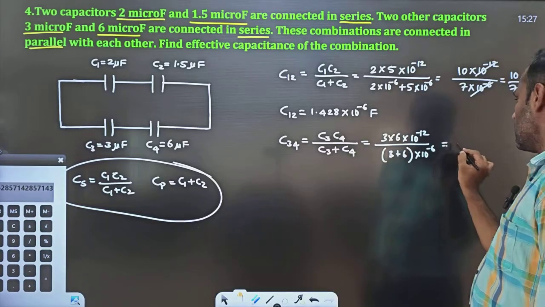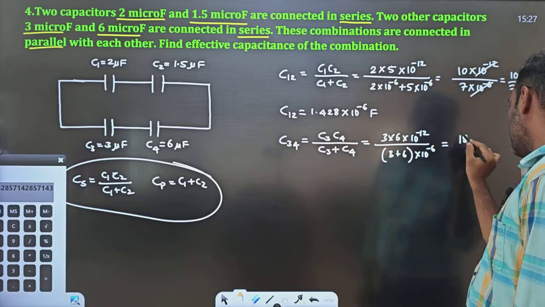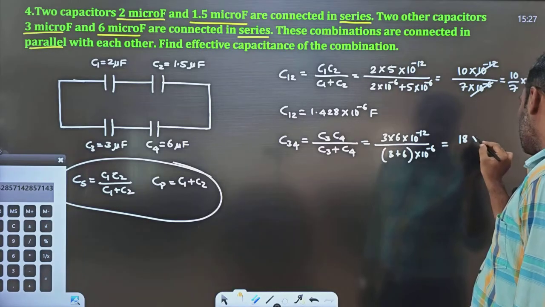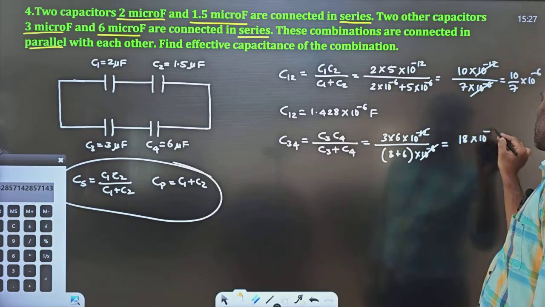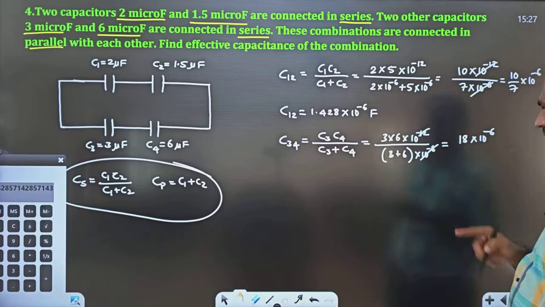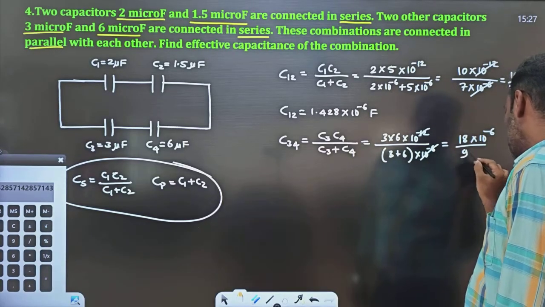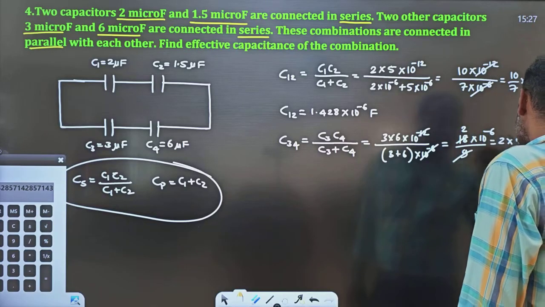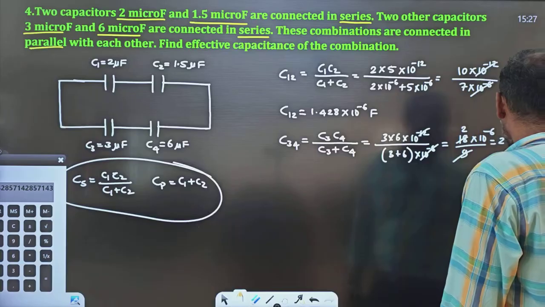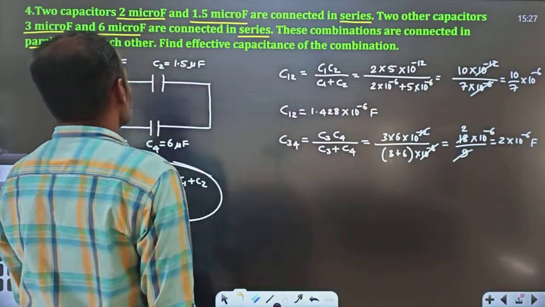So 3 into 6 is 18 into 10 to the power minus 12. Minus 6 from this, minus 6 from this, minus 6 will be remaining. Divided by 3 plus 6 is 9. So 9 ones are 9, 9 twos are 18. I will get 2 into 10 to the power minus 6 farad.